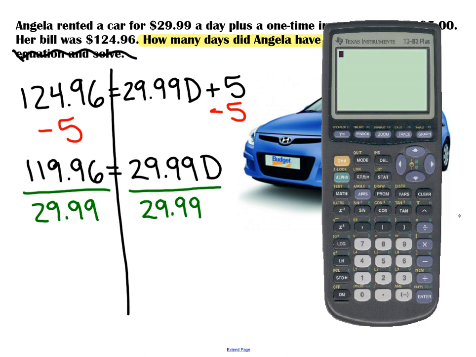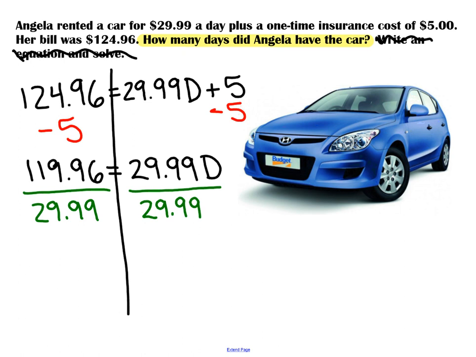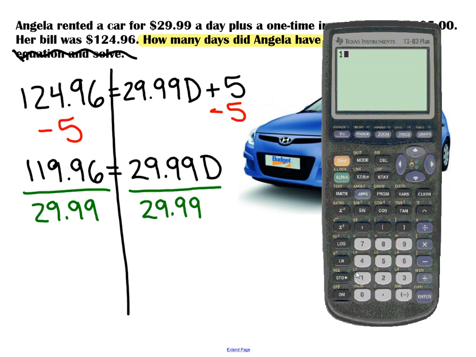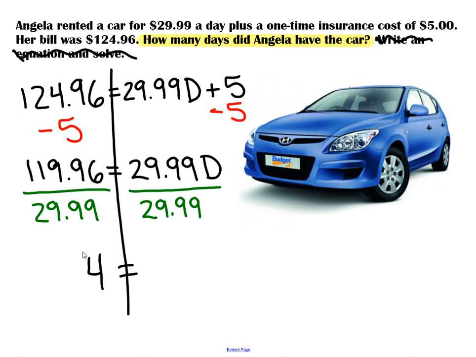So I'm going to go ahead and do that on my calculator. And when I type that operation in, I get that 4 equals D. So I know that Angela had the car for 4 days.